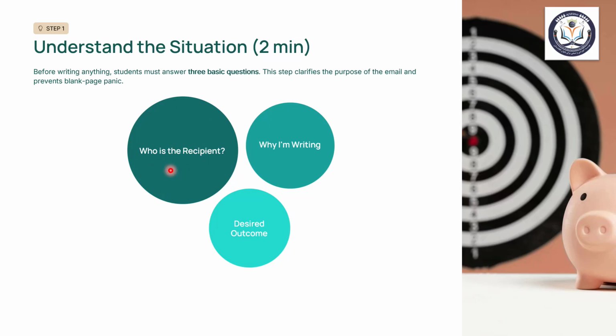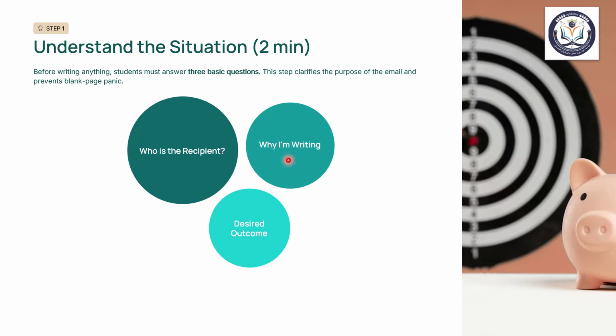before we actually write our response, we have to always be careful of the recipient. Ask ourselves, who is the recipient of this email? Secondly, why am I writing this email? The recipient on the test is usually given so we will know who we write to, but the reason, why I am writing this email, should be clarified by the writer. The purpose of the writing.